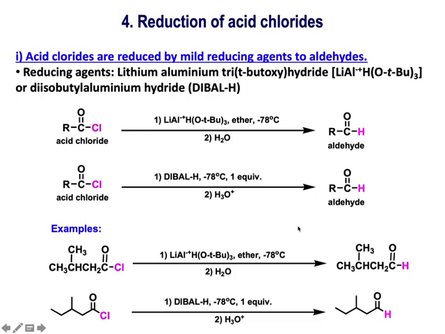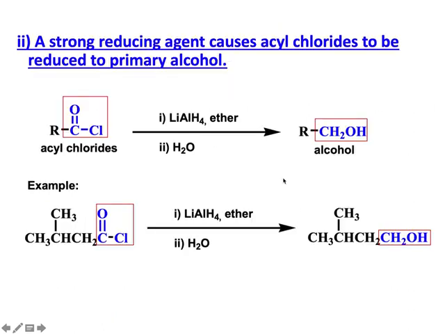For the mild reducing agent, the end product is aldehyde. If you are using the strong reducing agent, the product you get is the primary alcohol. There are a lot of reducing agents, and the strongest is lithium aluminum hydride.